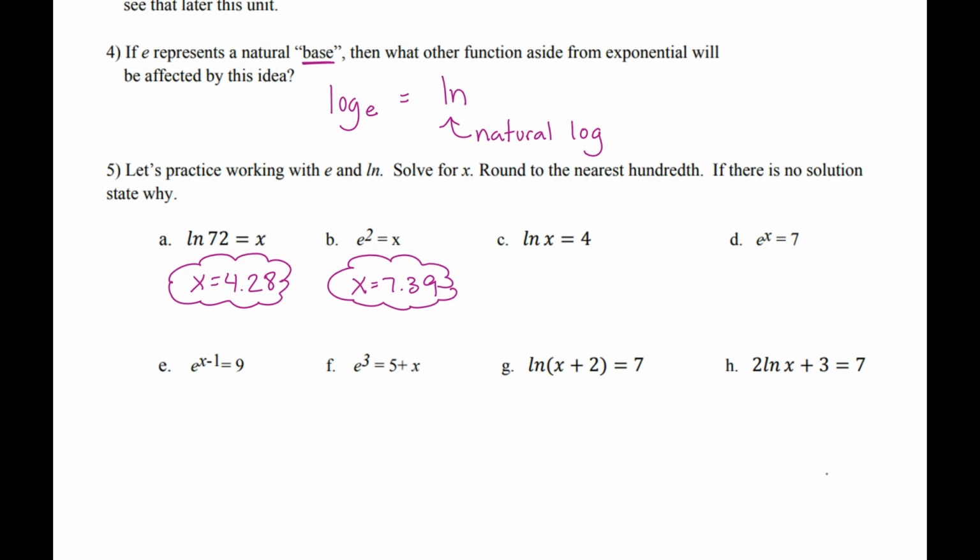Now, in this next one, do we have x all by itself? No, we do not. So what do you think we need to do? What operation is ln? ln is an abbreviation for what? Log base e. So how do we take a log and get rid of it?